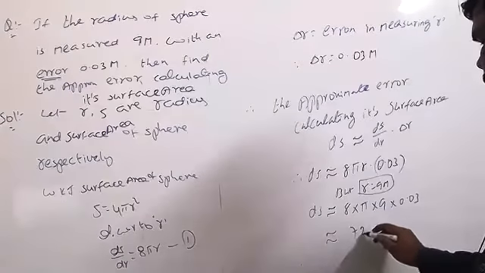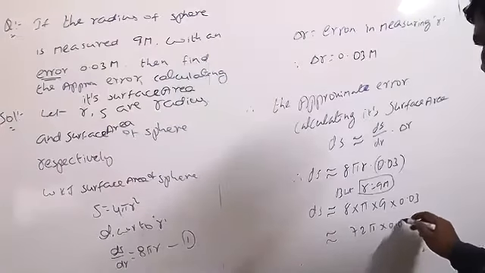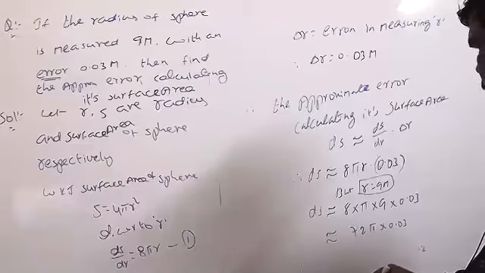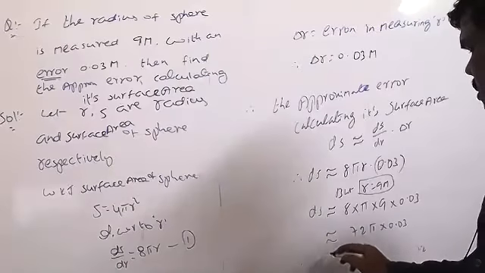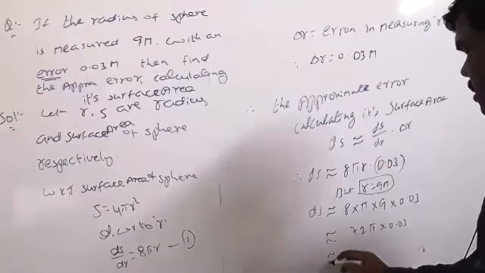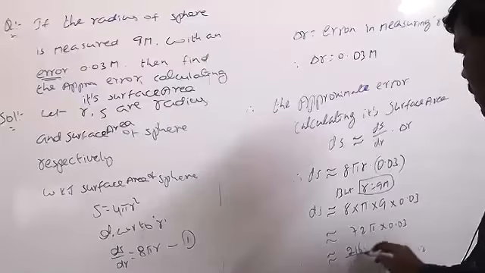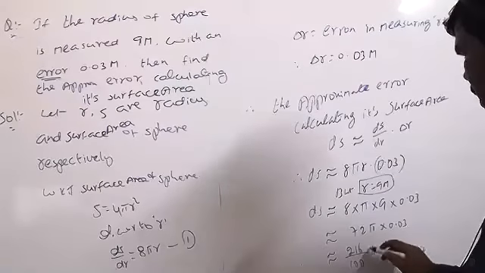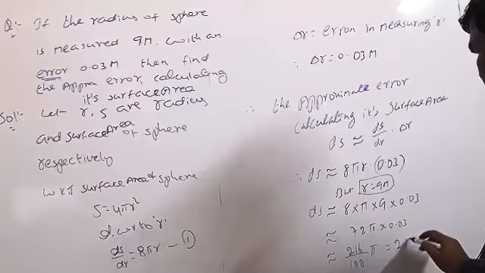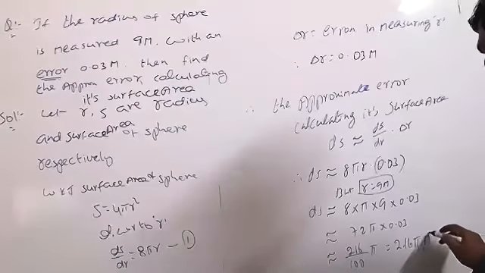The 72 pi into 0.03. 3 72s are 216. So 216 by 100 pi equals 2.16 pi meter square.